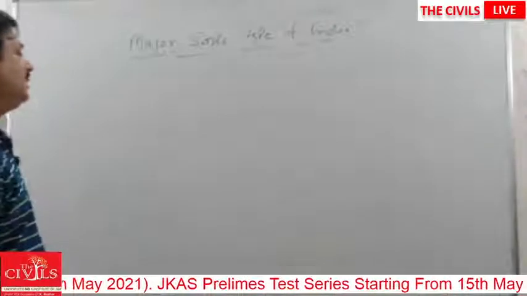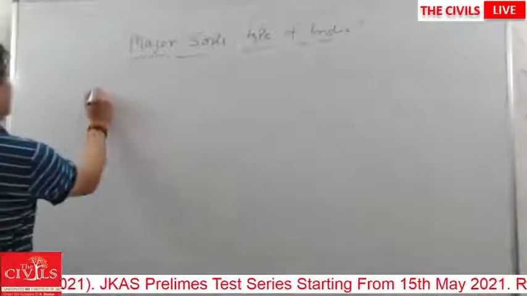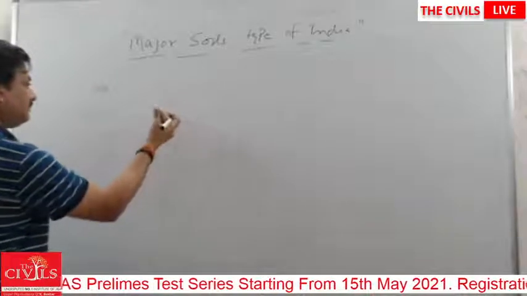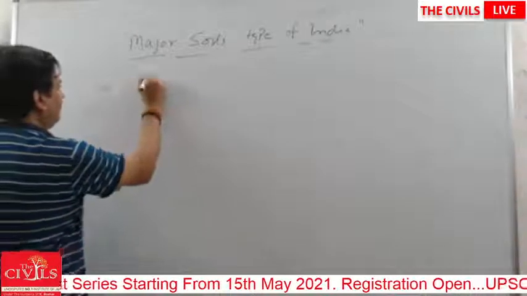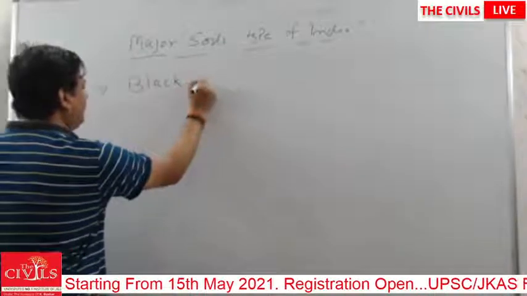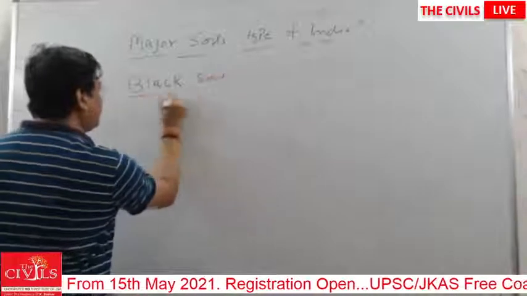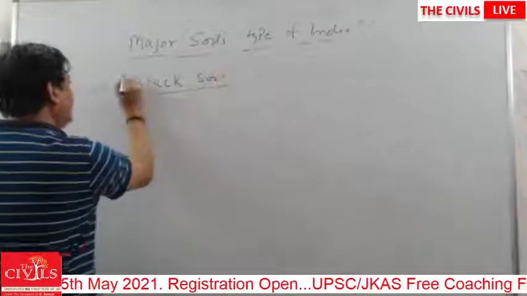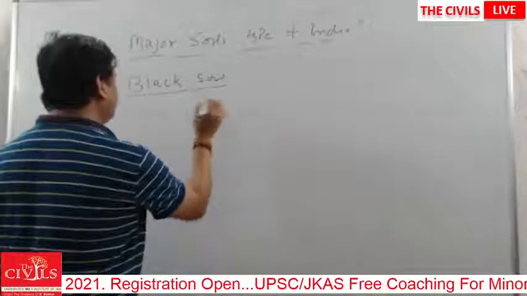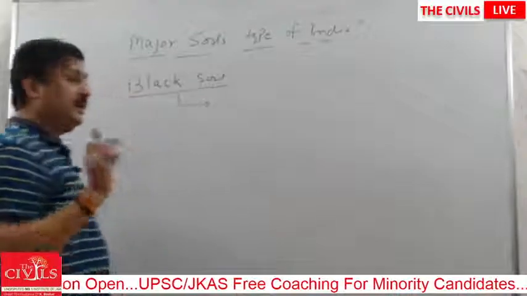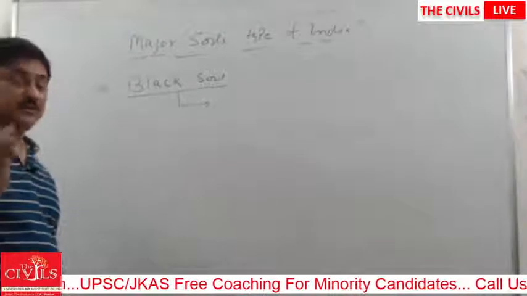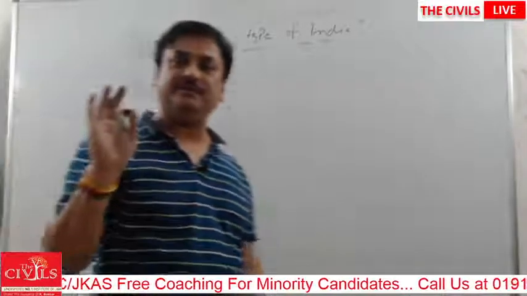Now the next soil is black soil. This black soil is a zonal soil, and zonal soil is mature soil.